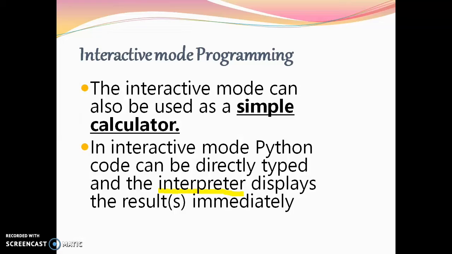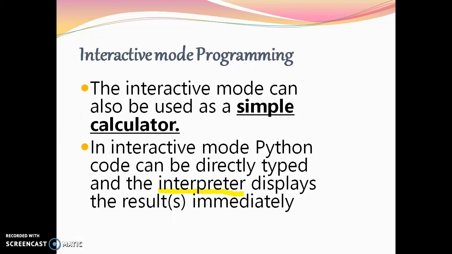We already studied a compiler in 11th standard, no? In C++ programming language, the compiler is used as the translator. What is the difference between a compiler and an interpreter? A compiler translates the whole source code into object code, but an interpreter translates line by line. Each line is translated into object code.